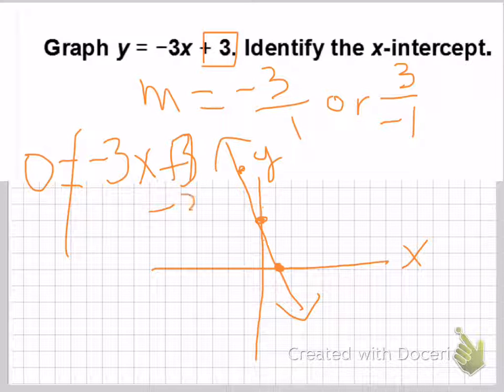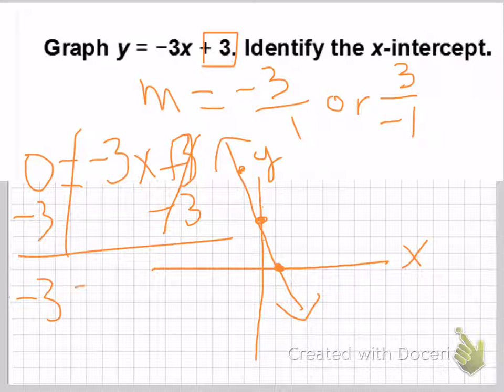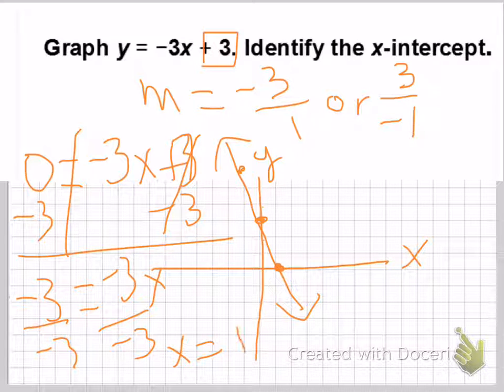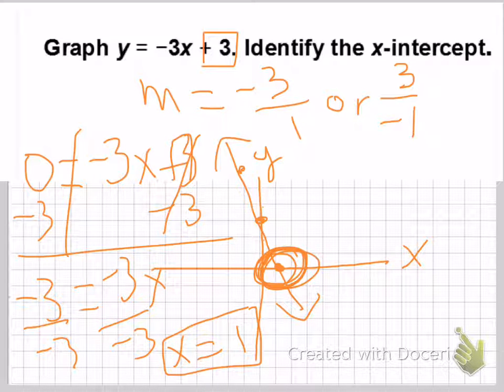So -3 equals -3x, divided by -3, so x equals +1. Do you see right here? That point right there hits the x-axis at +1. So I just did it algebraically, where I put a 0 in for y, or you can look at your line and see where the line hits the x-axis.